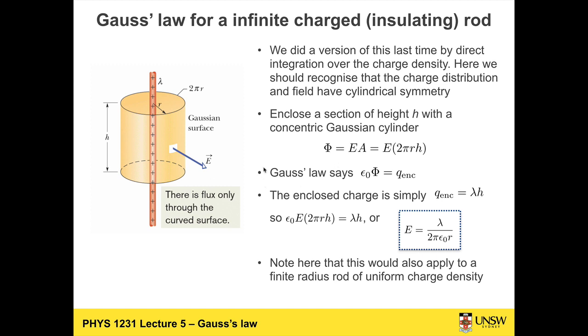So if you go back and look at your notes for 1B, you'll see how we did that. In fact, we found that Gauss's law was quite useful in these very symmetric situations, and gave us some results that could be a little bit difficult to get from a direct integration.